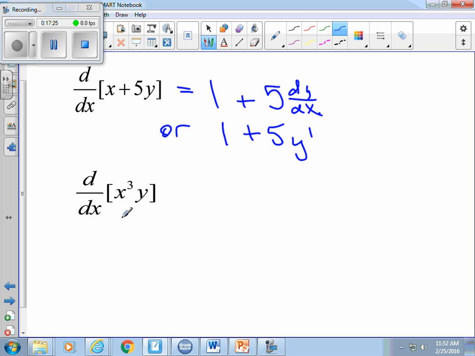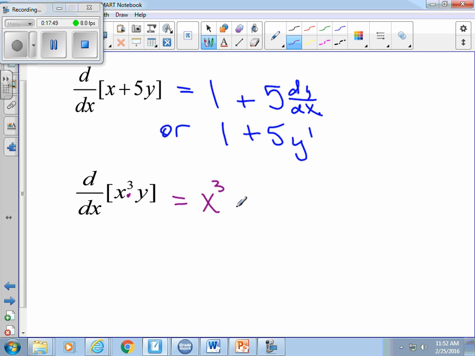Okay, let's look at the next one. What rule do I need on the next one? Product rule. Does everyone agree? Let's see why I made you do number 56 and 58. It was kind of prepping you for something like this, right? Okay, so left, d right. What's the derivative of y? That's what it is.